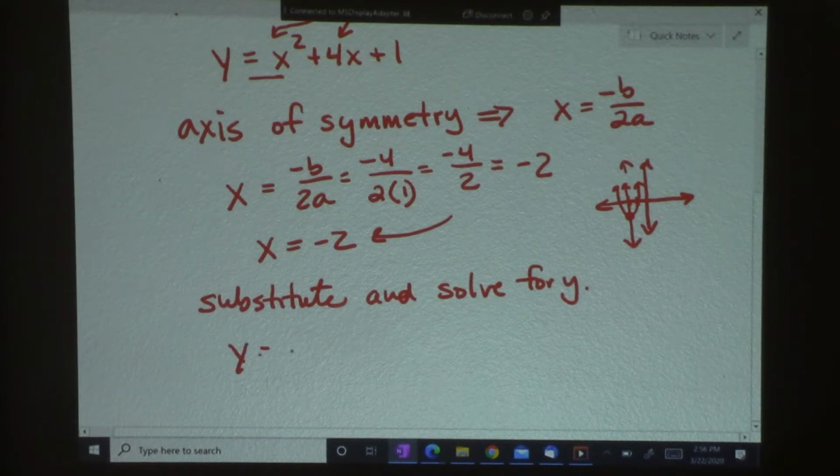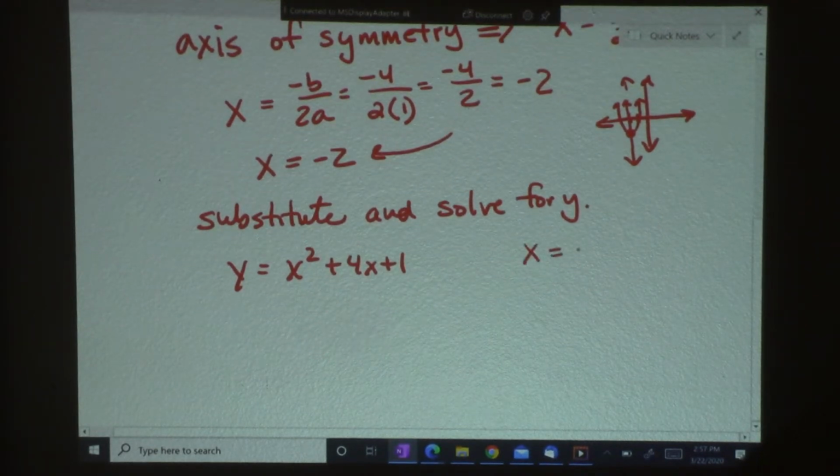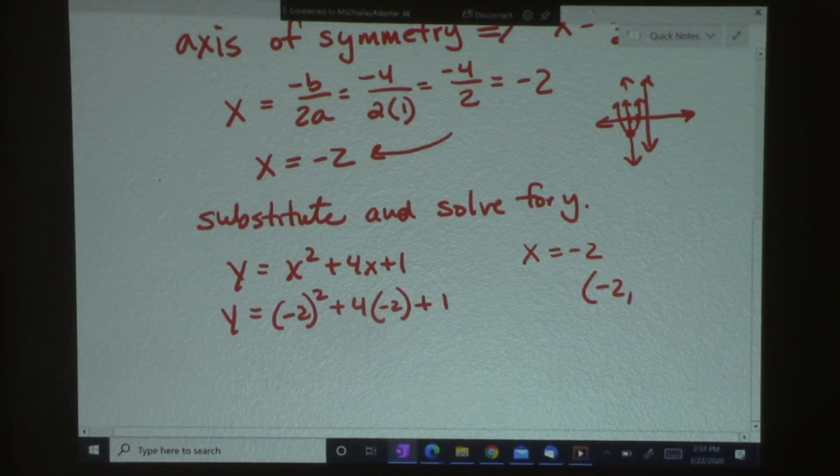Okay, so I'm going to rewrite my equation. And I know that the x-coordinate is -2. So I'm going to put -2 in. Okay, so I took out the x and substituted the -2.